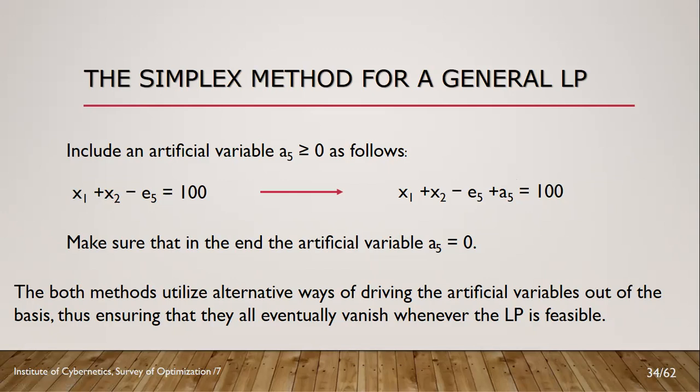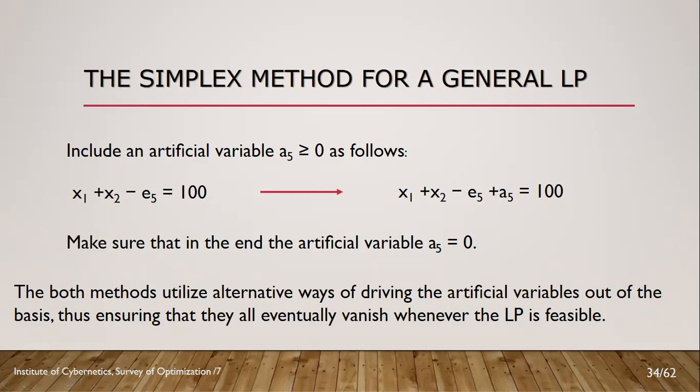If a sub 5 is not 0, then it will violate this original constraint. It is not a good thing. If it is negative, again, it will violate the initial constraint.